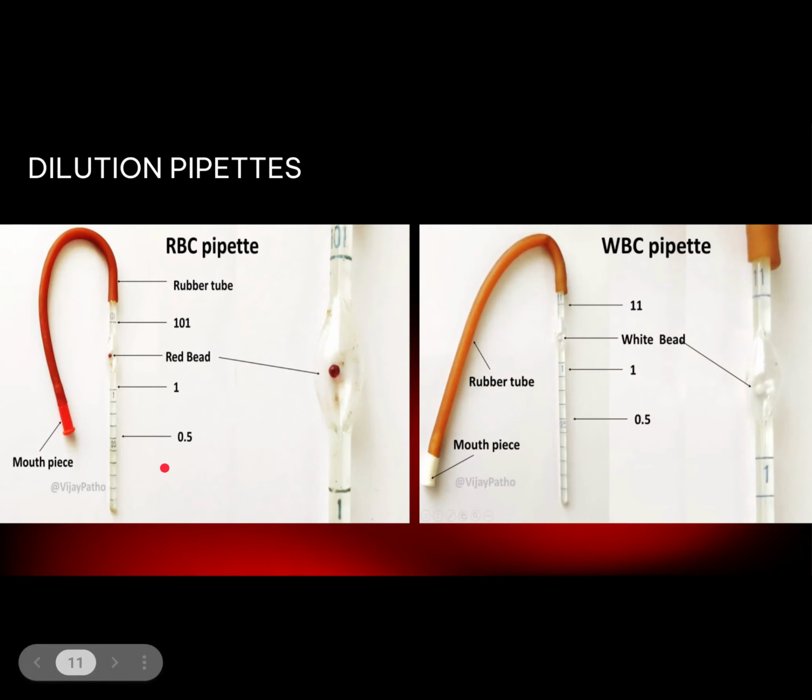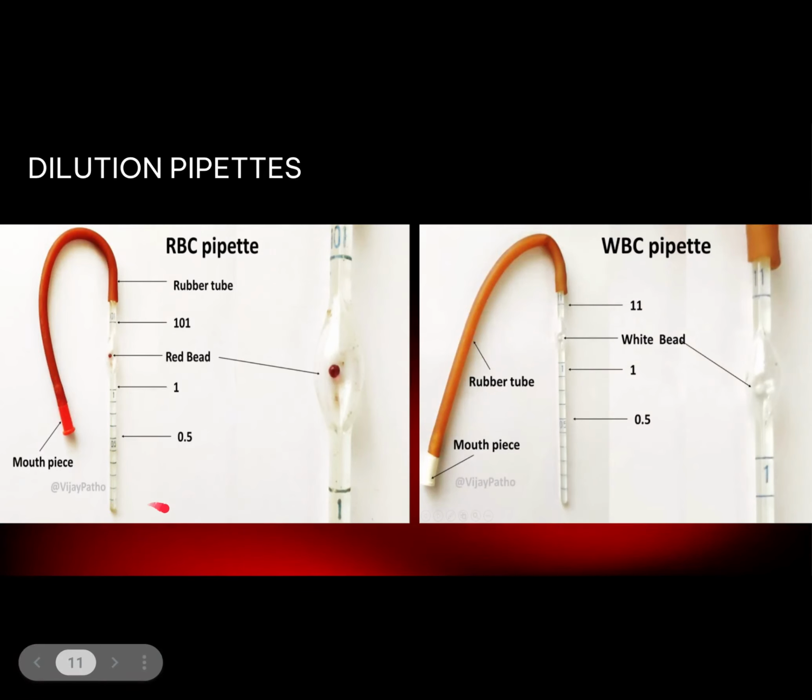If our dilution is 1 to 100, we fill up the blood until here at the 1 unit mark. And then we continue to fill up the diluting fluid until the 101 mark. Again, that is if our dilution is 1 to 100.